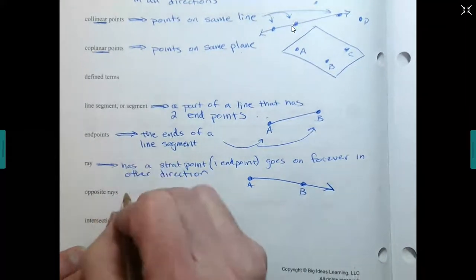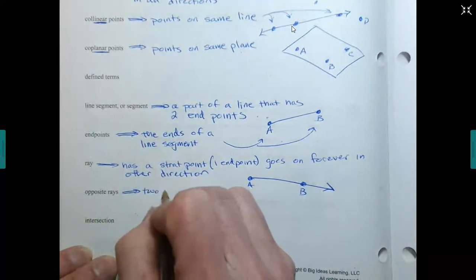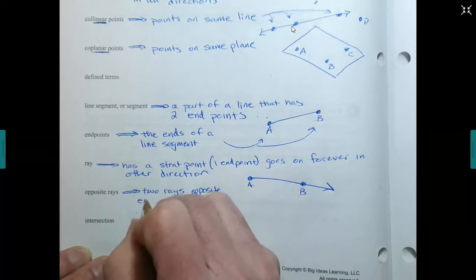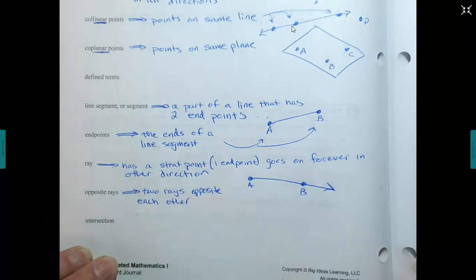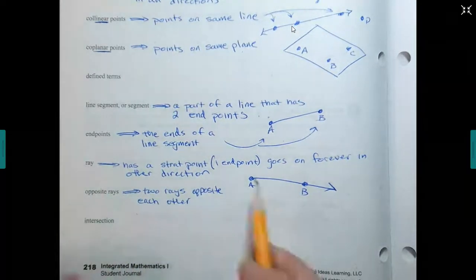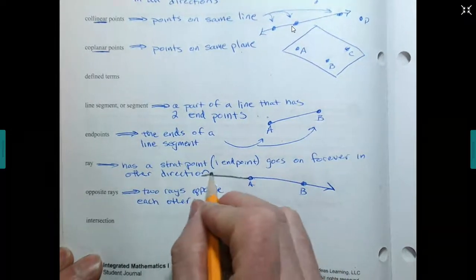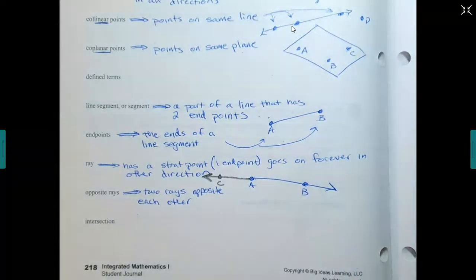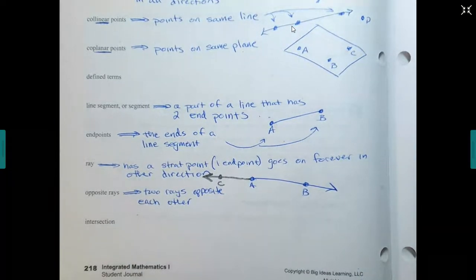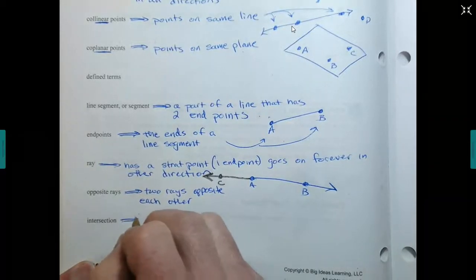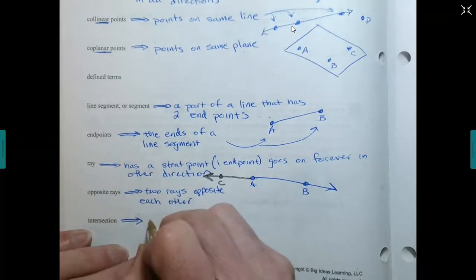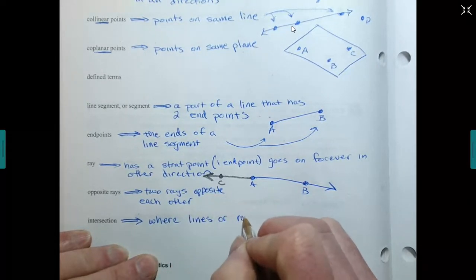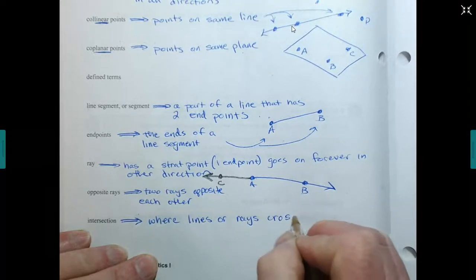Opposite rays would just be two rays opposite each other. So if I had ray AB, and then maybe I have ray AC, they are opposite rays. Now, an intersection is where lines or rays cross.